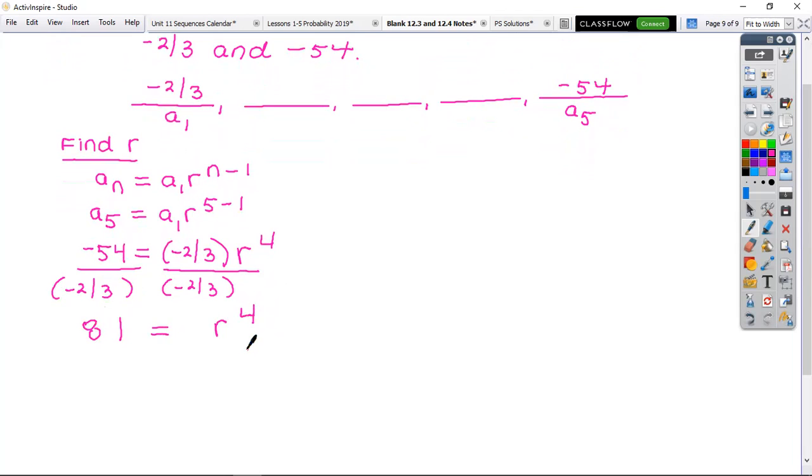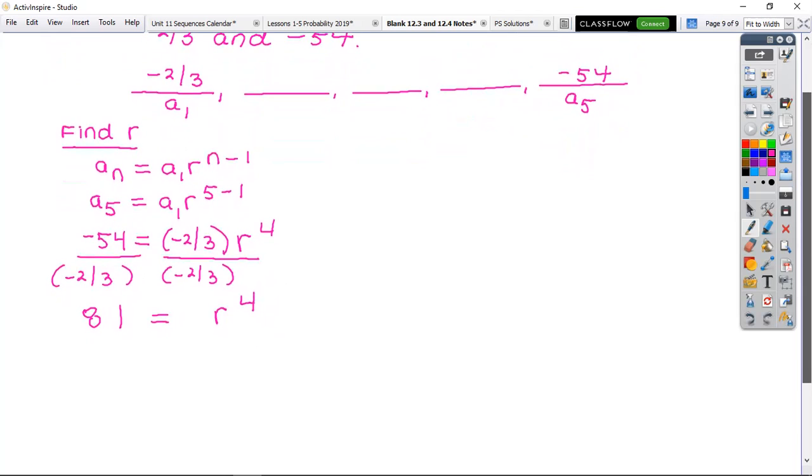Okay, so how do you get rid of your power of 4? It is called a 4th root. You could also raise it to the reciprocal, which is 1/4.